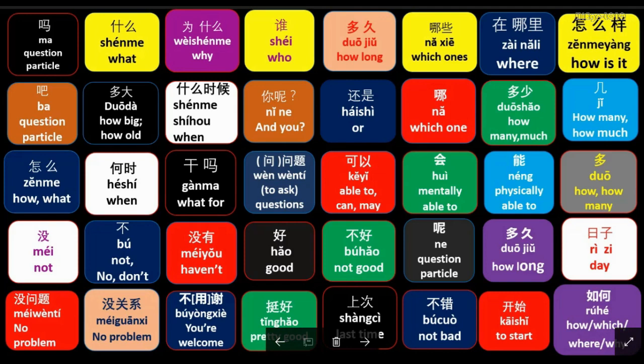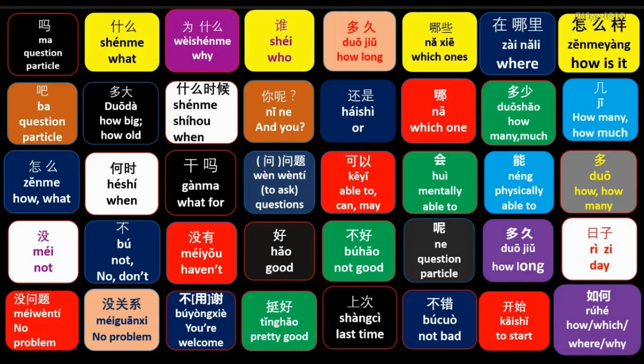If you're not okay, then you can say not okay, bu how. We'll get to bu very soon, but for now, just know that the question particles are ma and the polite one, ba, which is more of a suggestion in a way. If you want to say, let's go to the shops, okay? The Chinese will not say just okay, but they will say how ba.